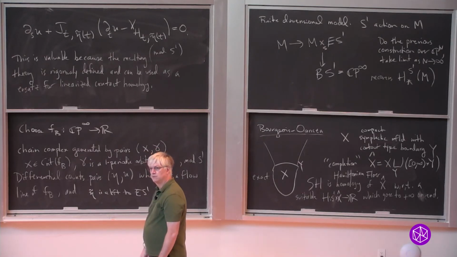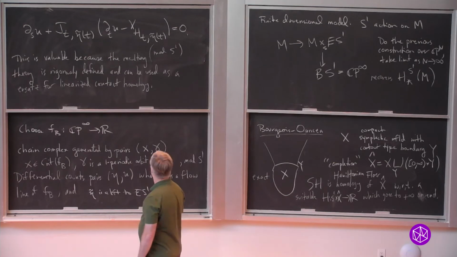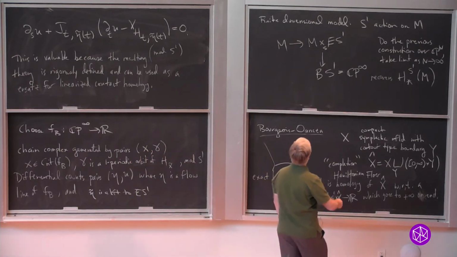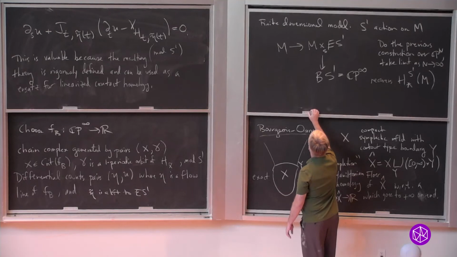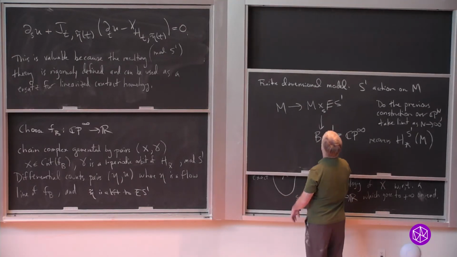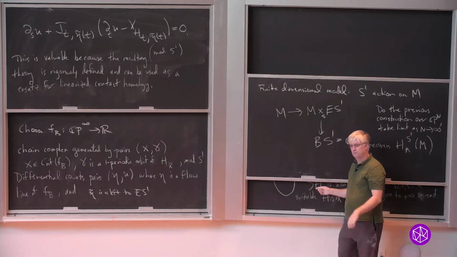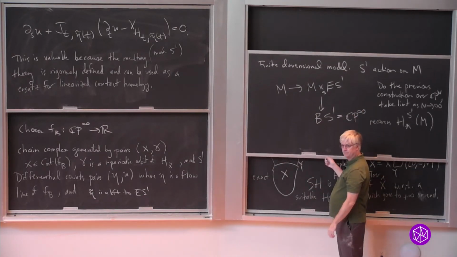It's with the loop space, right? Right, so you should imagine the analogy is that M is the space of parametrized loops, and S1 acts by loop parameterization. Okay, thank you.